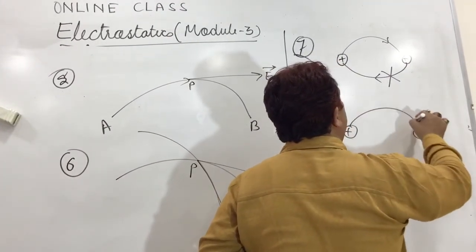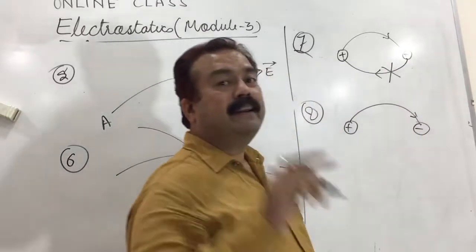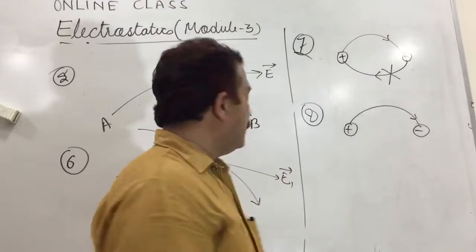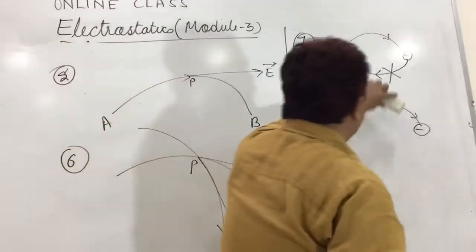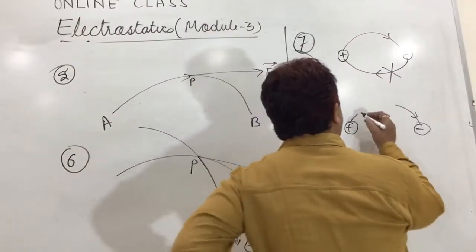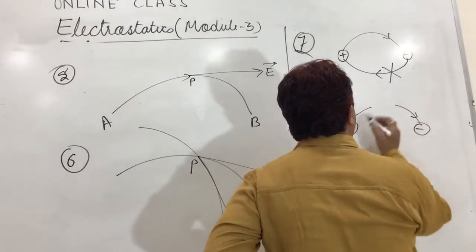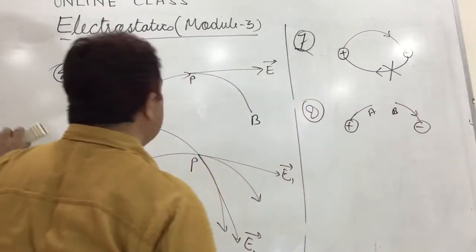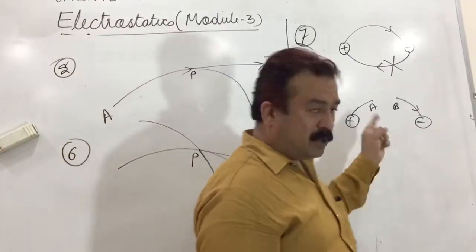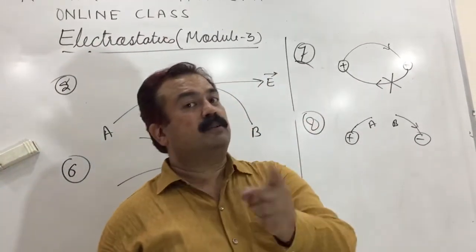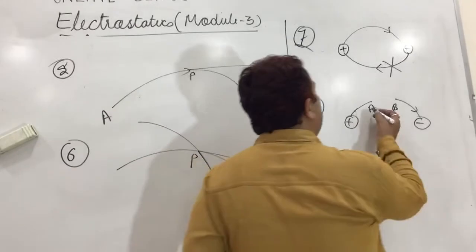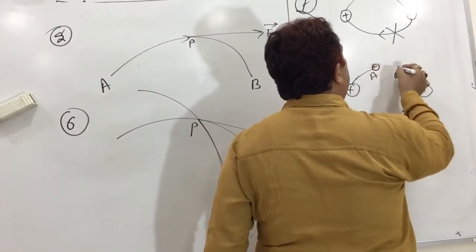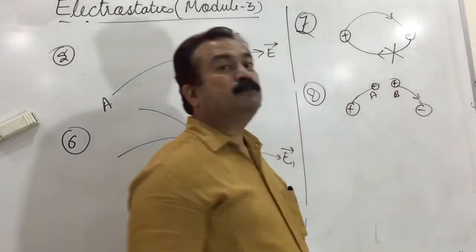And then the next one is they make continuous curves. They make continuous curves, meaning if they start from positive, then they always end at negative. They do not have a sudden break in between. Just like this, maybe A and maybe B. It will not happen in any condition, because if it should happen, then it is possible only when at position A a negative charge is present and at position B a positive charge is present.